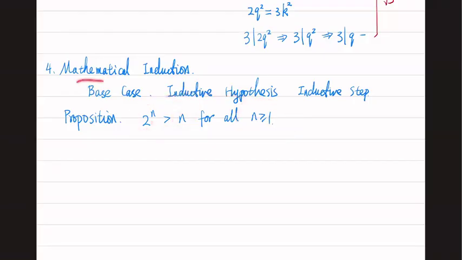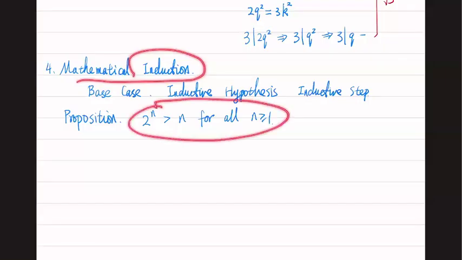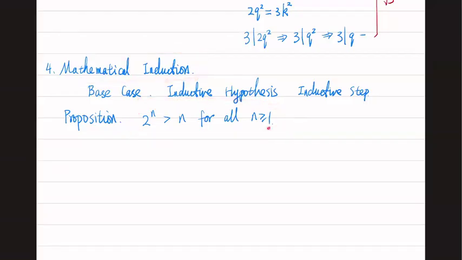Why do we need induction? Because this consists of infinitely many statements. For n equals 1, n equals 2, n equals 3, we can check them one by one, but we cannot check them infinitely many times.